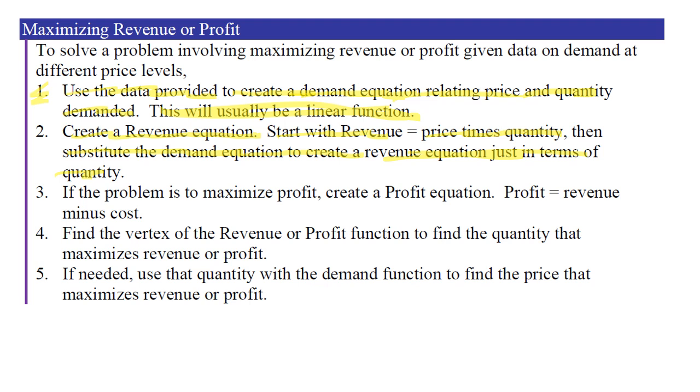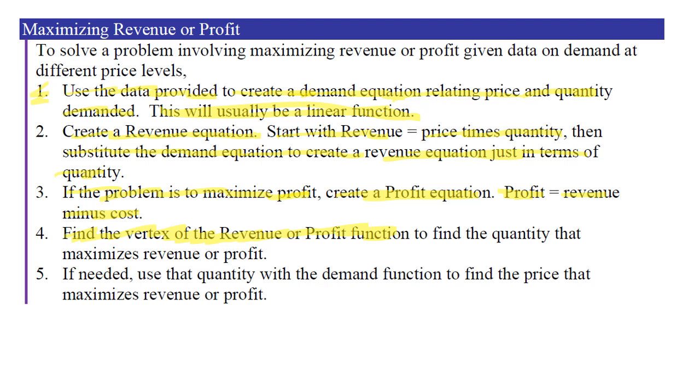Okay? Then after that, if the problem is to maximize, say, that profit or that revenue, we could look at it in terms of either. If we wanted to do it in terms of profit, it is going to be revenue minus the cost. But if we just wanted to do revenue, we could do that as well. Next, we want to find the vertex of that revenue or profit function that we're dealing with.